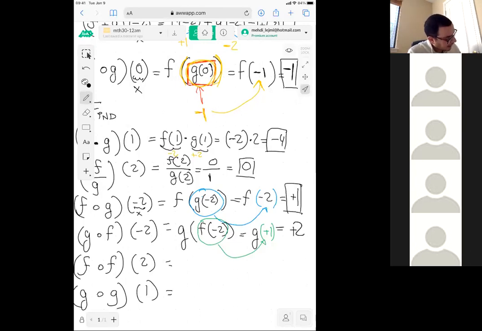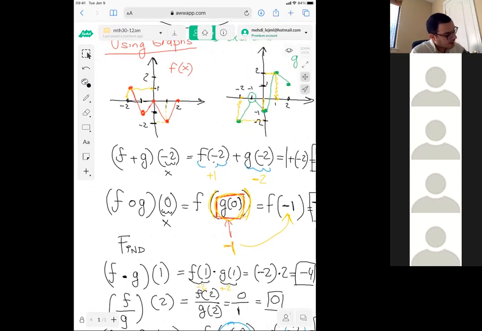Right. Next, f of f. Yeah, so we can compose the function with itself. There's no problem. So between parentheses, I have f of 2. So I need to find this f of 2. And again, I have another f outside. So let's find f of 2.